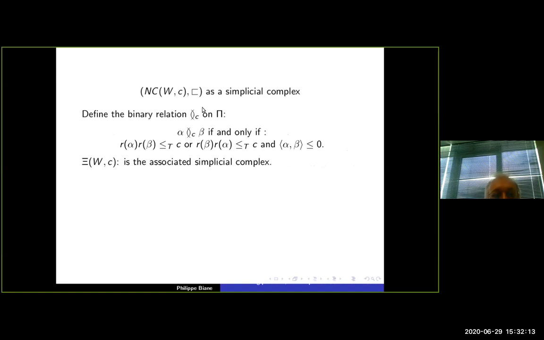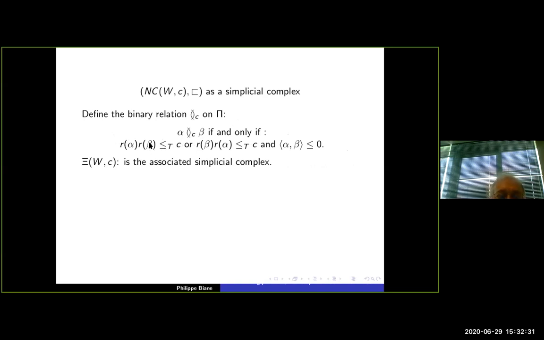We can also define a binary relation on the set of positive roots. What is this binary relation? It tells you that two roots are in relation if and only if their product, in some order, is smaller than c in the absolute order.